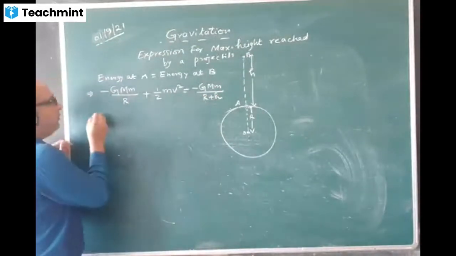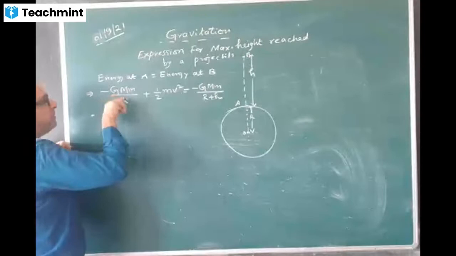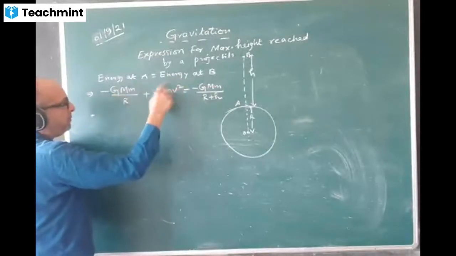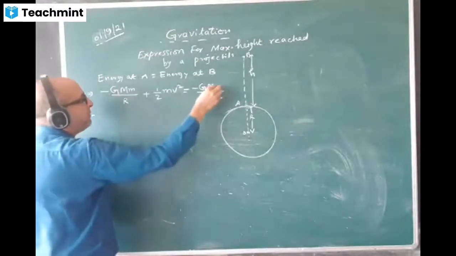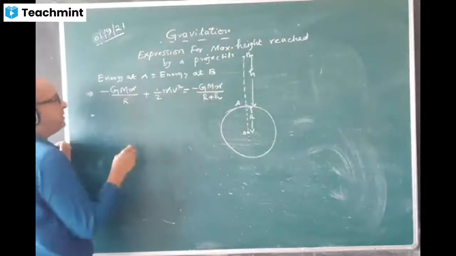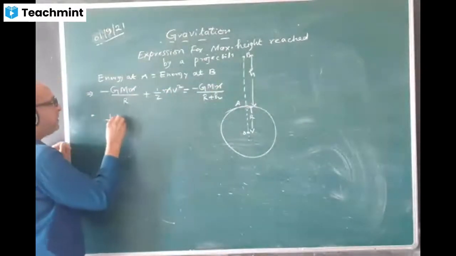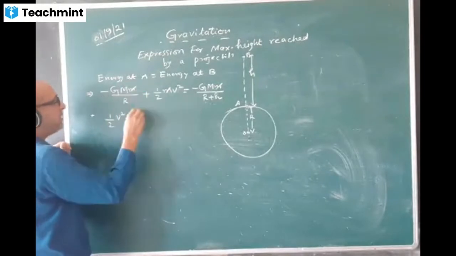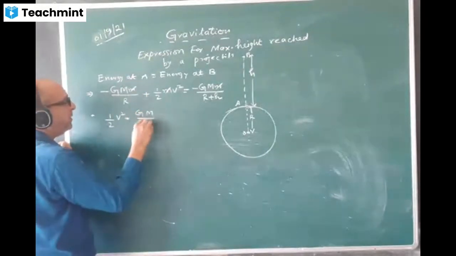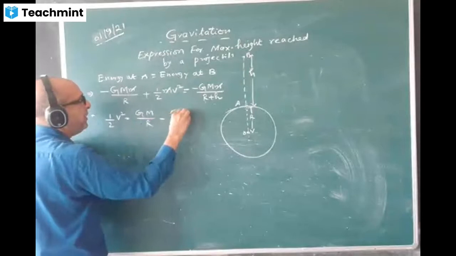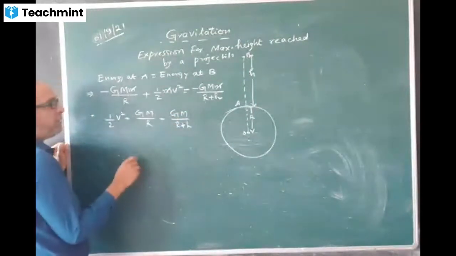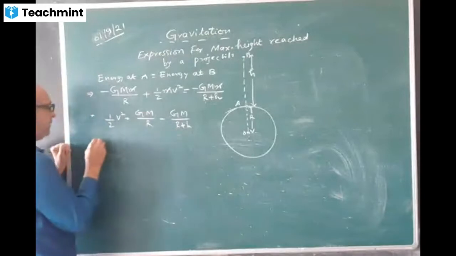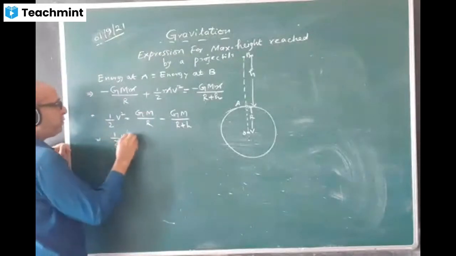Okay. What I will do, I'll bring this one to that side and make H the subject of the formula. M we can cancel. You can add half V square equal to, this will go that side and become positive, GM by R minus GM by R plus H. We have to somehow make H the subject of the formula. Continuing on the right, half V square.